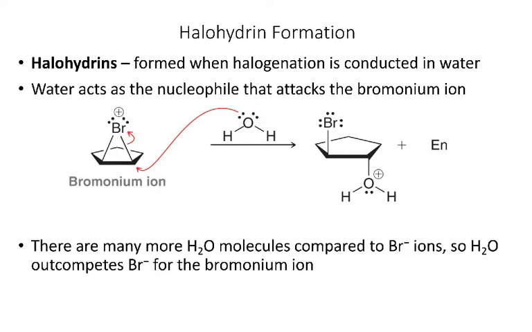It just happens when we do the halogenation reaction in water. Rather than adding a second halogen, we add one of the solvent molecules. The reason being, if water is our solvent, then there are a lot more water molecules than there are bromide ions. So just through statistics and probability, we're more likely to add a water than we are to add another halogen when the reaction is conducted in water.